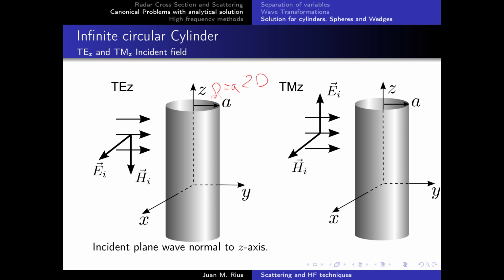The incident field also has invariance along the z direction, because the direction of incidence is normal with respect to z. Then clearly the incident field is also constant along z, and then everything is constant along z.